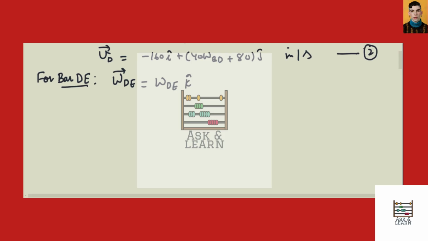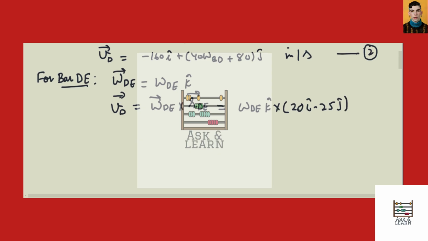So the velocity of D can be written as omega DE cross R_DE vector, that is omega DE k cap cross the DE position vector, which is 20 i cap minus 25 j cap.